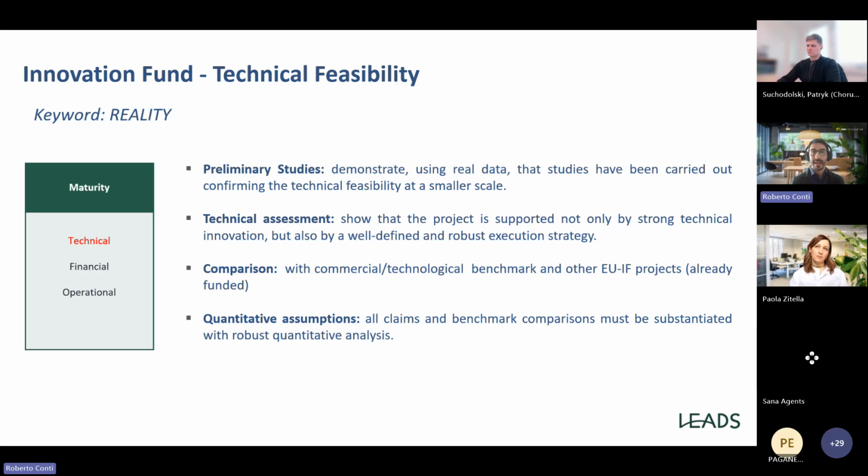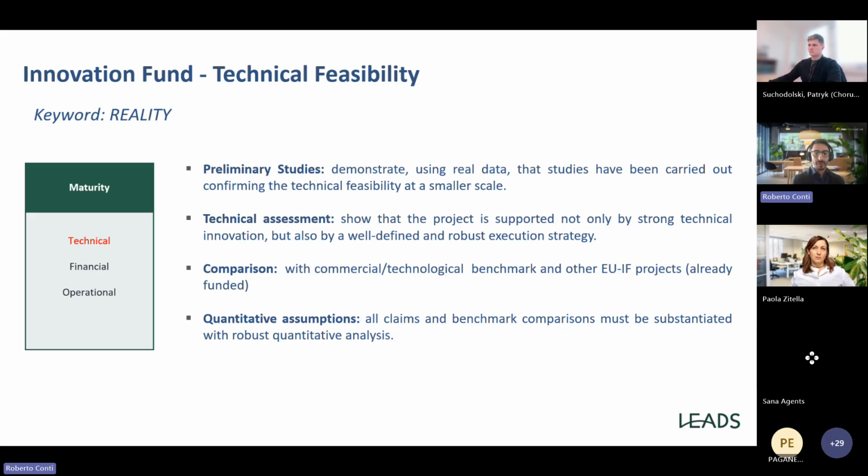That is the reason for reality: you already carried out studies confirming that technical feasibility is possible at a smaller scale. That means you are demonstrating to the evaluators that your project is credible because you already tested it and you are ready to go to a commercial scale.